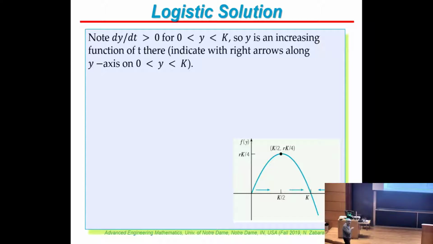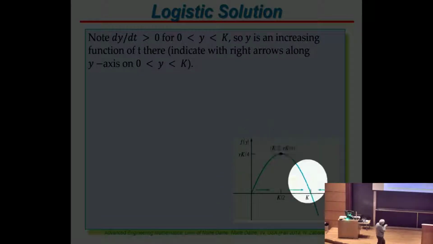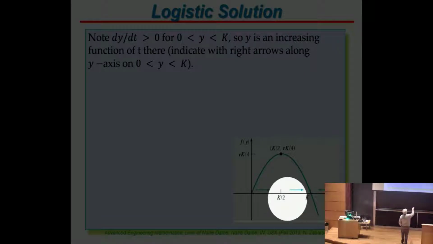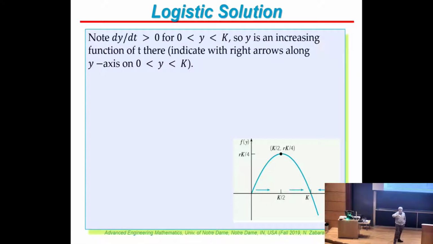It's the first derivative of f of y. So can you tell me the interval where y will be convex, and the interval where y will be concave? Look at this plot and tell me the interval. So what happens to the slope of f of y from here to k over 2? What happens?